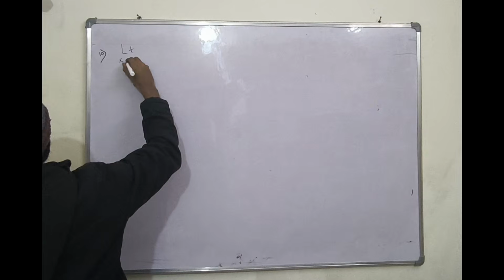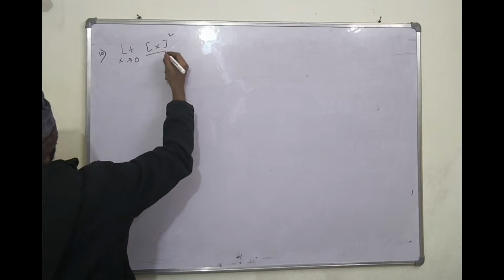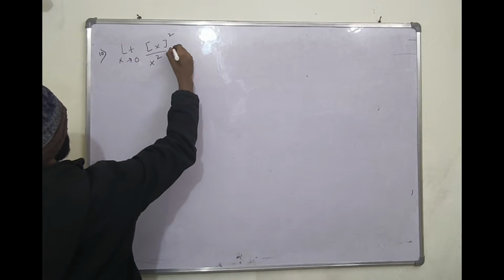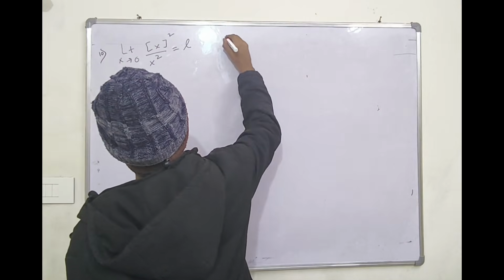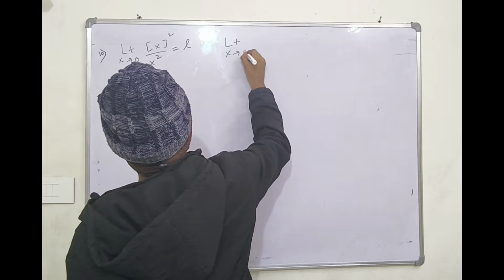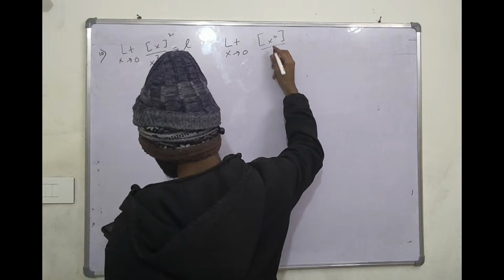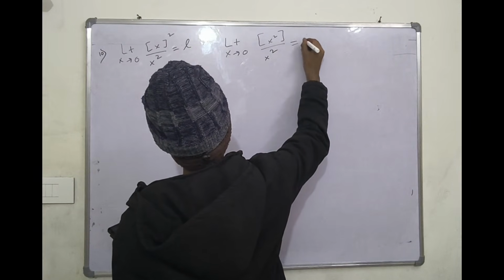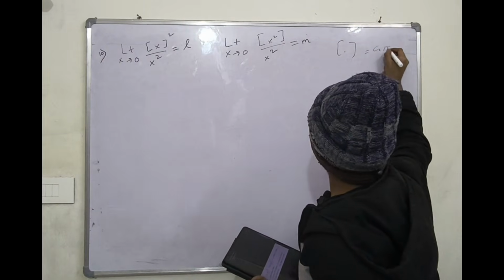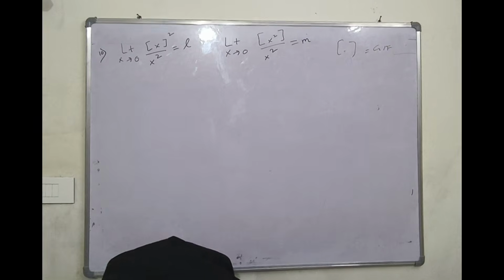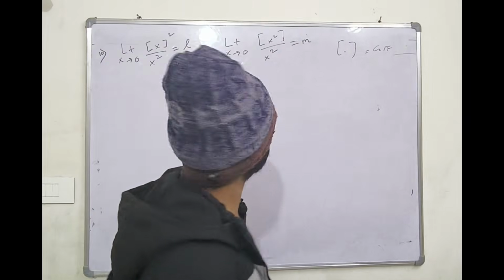Limit x tends to 0 of step x whole square by x square equals L. Limit x tends to 0 of step x square by x square equals M. This is the greatest integer function, less than or equal to. Then they are asking whether the limit L exists or M exists.